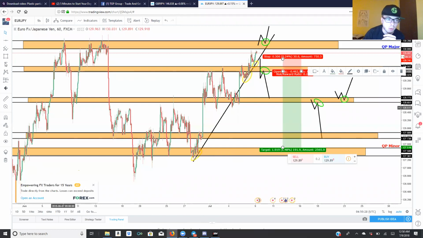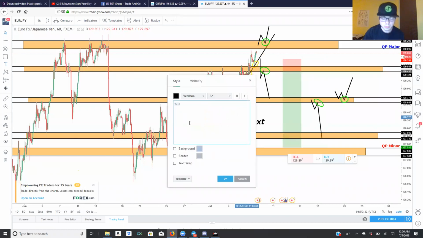So now what we're going to do is we're going to simply type up exactly what we did. I'm just going to do my account as an example. If we got a $500 account, and we'll do 10 cents or $1 a pip.